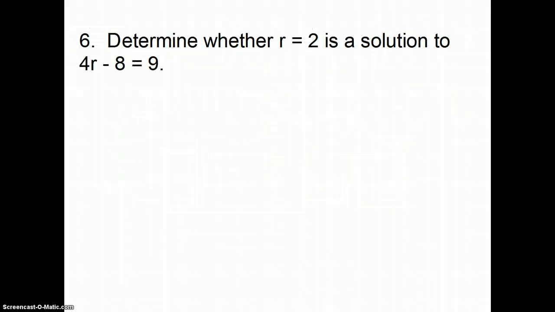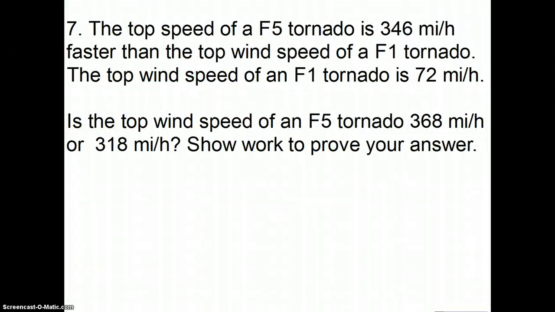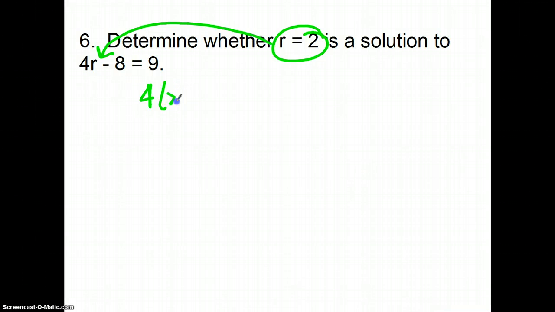Next one, I'm asked to determine whether r equals 2 is a solution to 4r minus 8 equals 9. So all I'm going to do is plug r is equal to 2 into r and see if the left side of the equation equals the right side of the equation. So I have 4 times 2 minus 8 equals 9.